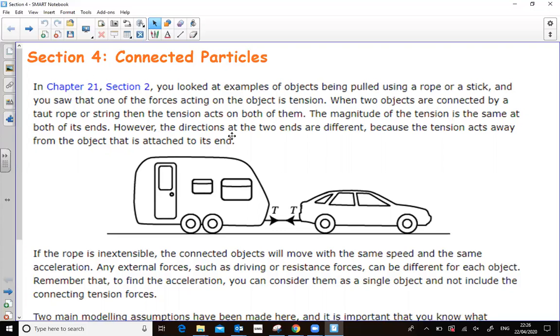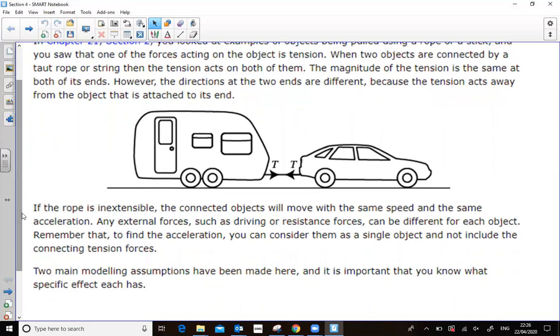However, the directions at the two ends are different because tension acts away from the object that is attached to its end. So, if the rope is inextensible, the connected objects will move with the same speed and the same acceleration.